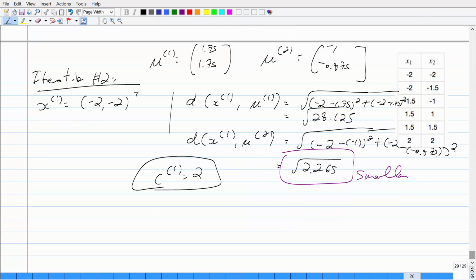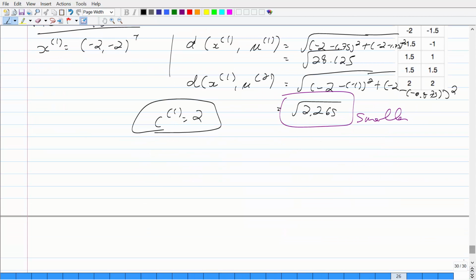Now I'm going to go through the other examples, but I'm not going to show you how to calculate the distance. It's pretty obvious how to do it. I'm just going to write down the actual final distance numbers, and you can verify for yourself. So we have -2, -1.5. If I want to calculate this distance, I'm just going to write it down for you. I don't want to insult your intelligence, but we've seen this enough already to figure out how to calculate this.